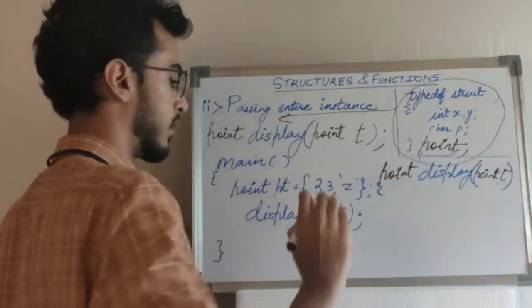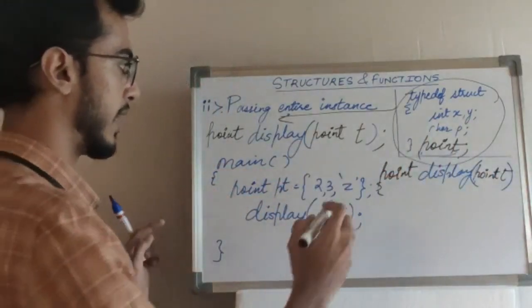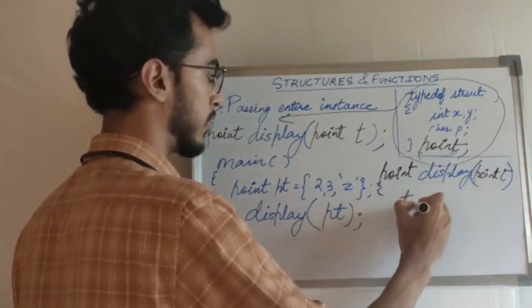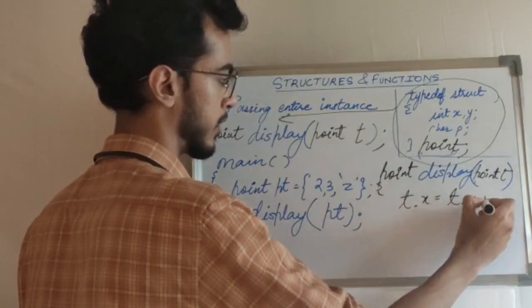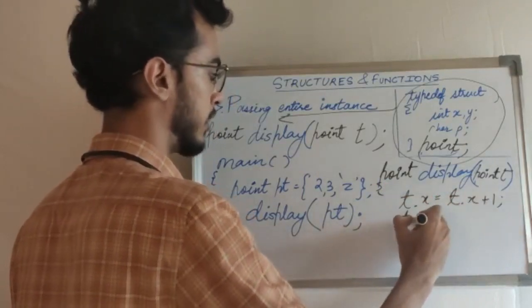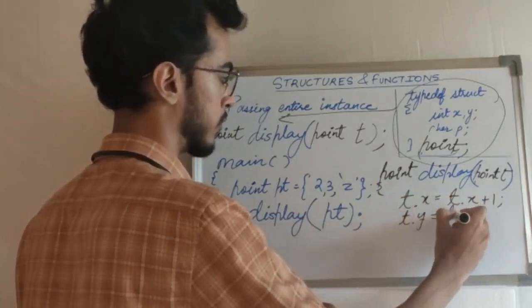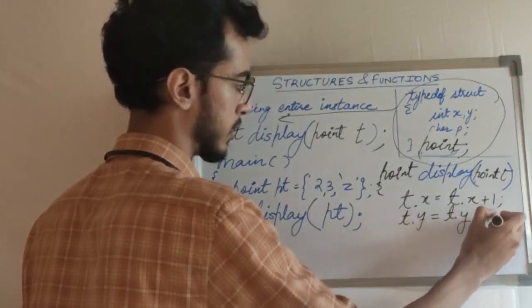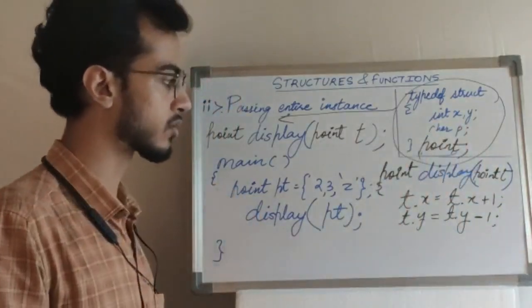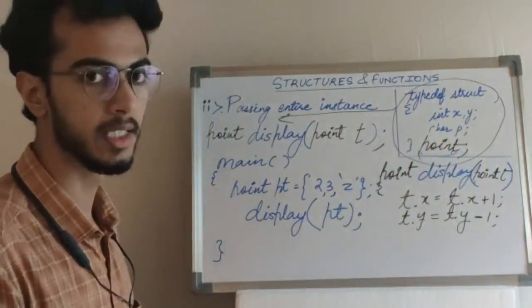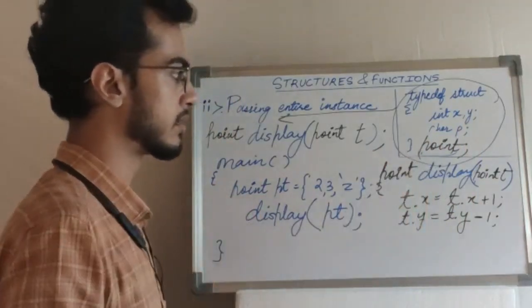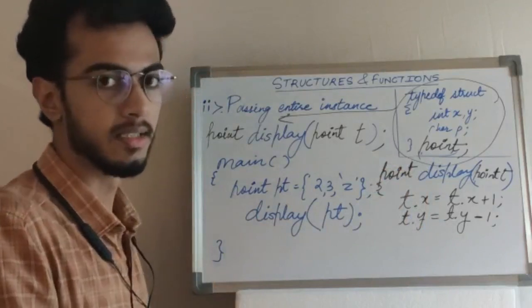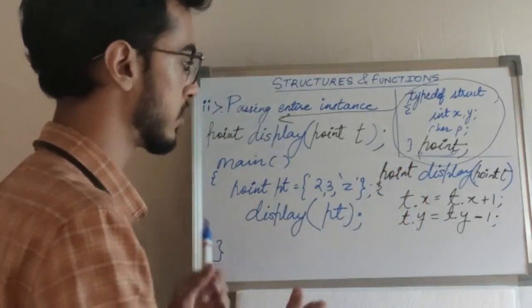Now what will happen inside this is I will directly write t.x equal to whatever is there in t.x plus 1, then t.y equal to whatever is there in t.y minus 1. So I have incremented the x coordinate and decremented the y coordinate, and at the end I want to return this t instance back to the calling function.